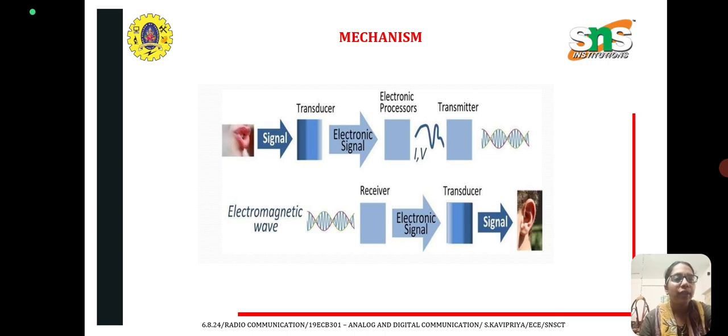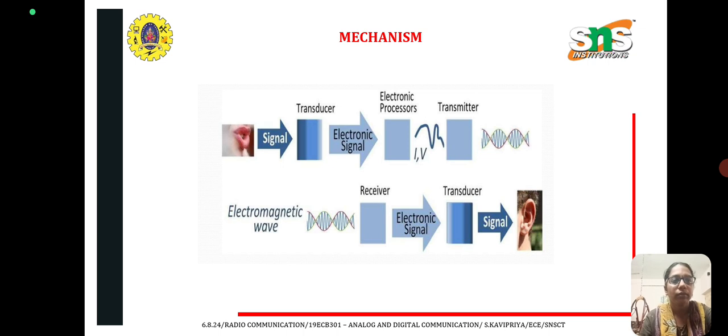The output of the electronic processor is transmitted as an electromagnetic signal. On the receiver side, this electromagnetic wave passes to the receiver, which takes the electronic signal and gives it as an input to the transducer. The output of the transducer is the original speech signal.